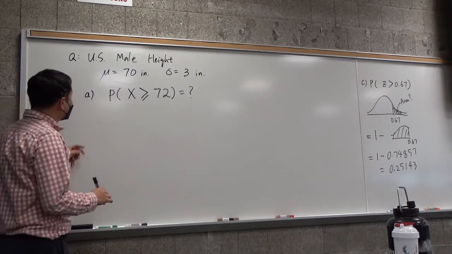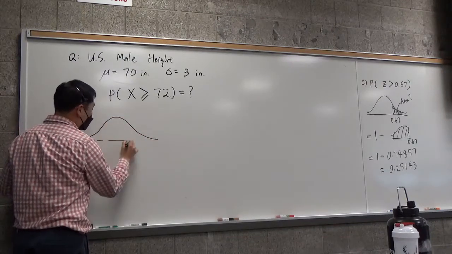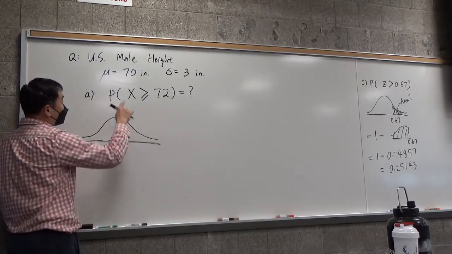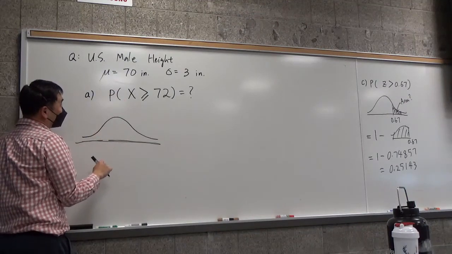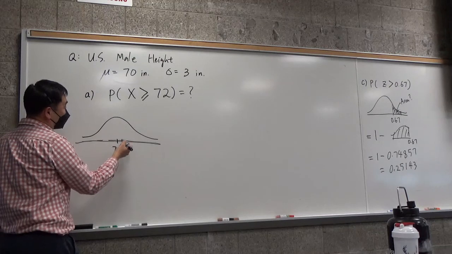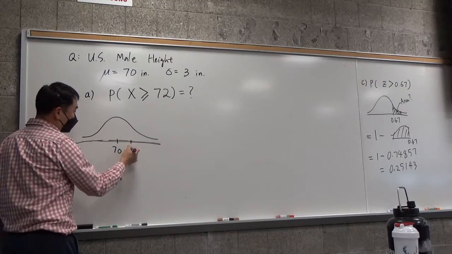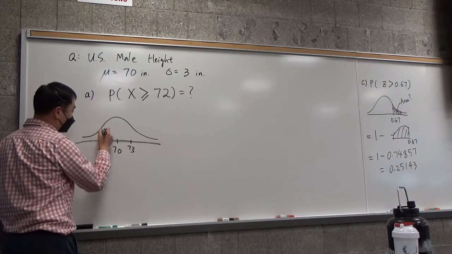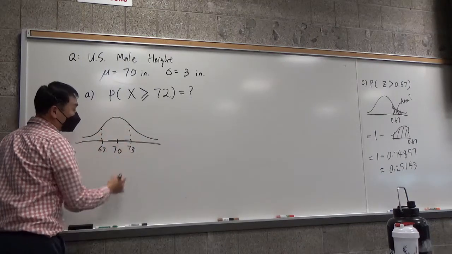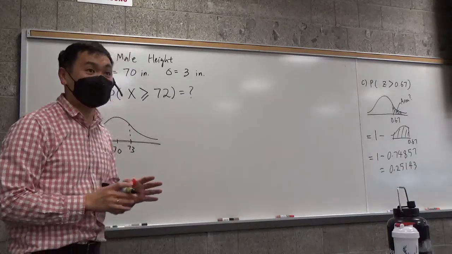So height is an example where it follows a bell curve. And when you say that the male height has the average 70 and standard deviation 3, that means here's 73, here's 67. And you remember the 68, 95, 99.7 principle, right?